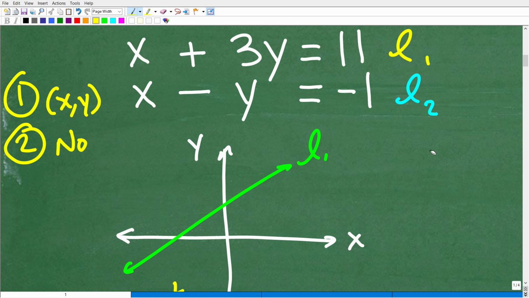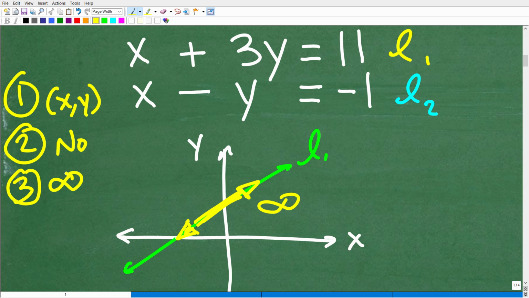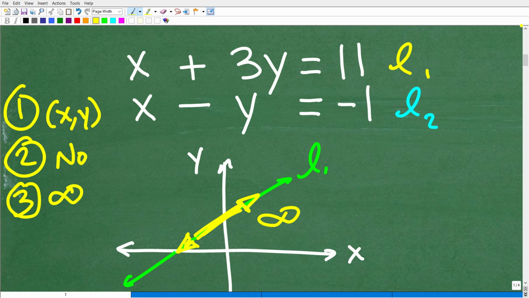And the third situation is infinitely many solutions, because one line is on top of another line and you have infinitely many points of intersection. Now there are specific terms you learn in algebra to describe this, like inconsistent and consistent systems, but I don't want to overly complicate things right now with that terminology. I just want to give you the big picture idea here, right?